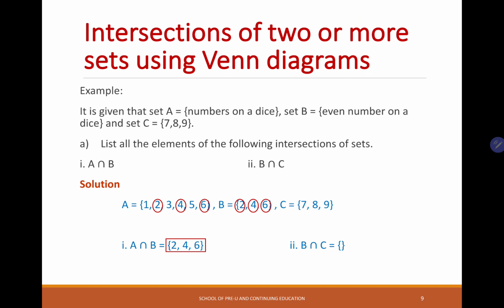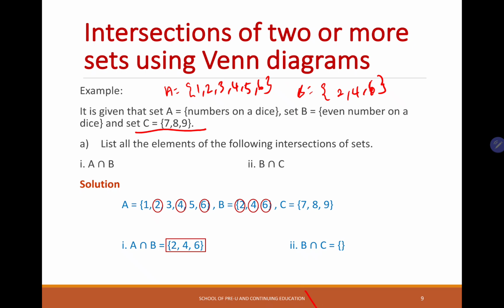Okay, the next question. It is given that set A is the numbers on a dice: A equals 1, 2, 3, 4, 5 and 6. And we have set B, which is the even numbers on a dice: 2, 4 and 6.